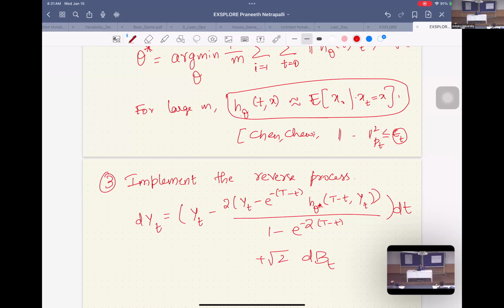What I'm saying is they get a bound in terms of all of these quantities. Then you have to see what is the dominating term, and then maybe you spend more effort in reducing that. Yeah. At least the characterization, again, I don't know if it's a characterization, it's a bound. I don't know if it is tight or not, but they have a bound in terms of both the approximation error and the discretization error.